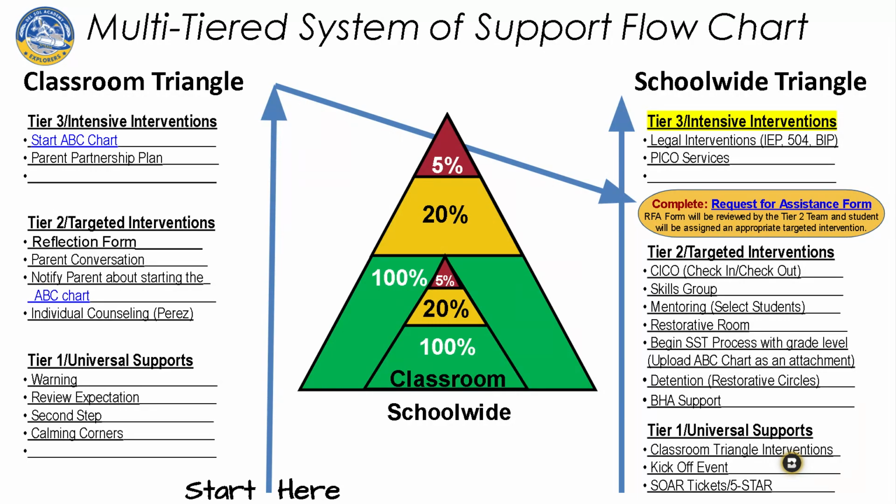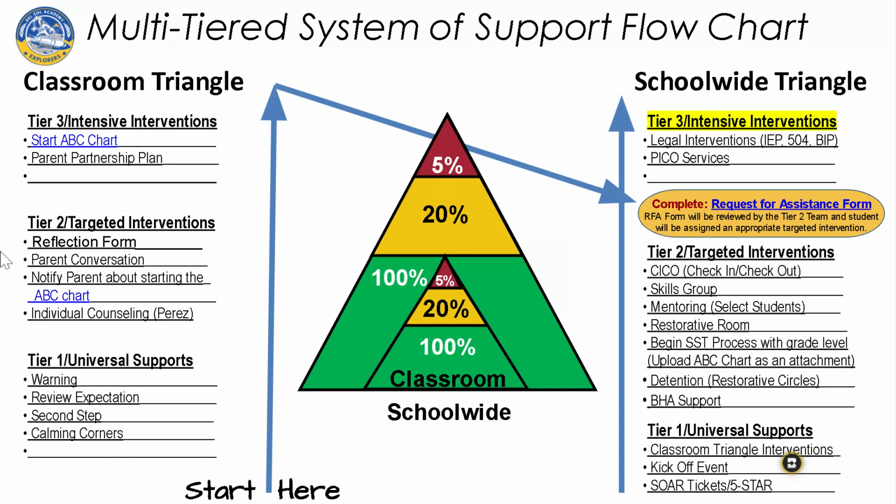You also may want to notify parents that you may begin to use something like an ABC chart, because an ABC chart is a Tier 3 intensive intervention. What an ABC chart does is it identifies the antecedent, the behavior, and the consequence, and it allows us to see any trends in behaviors.